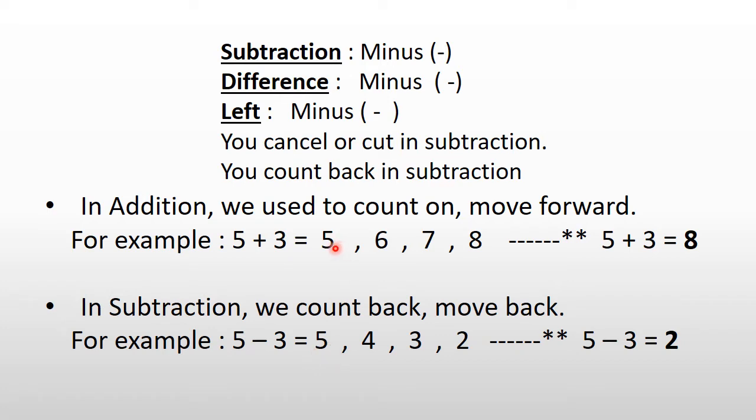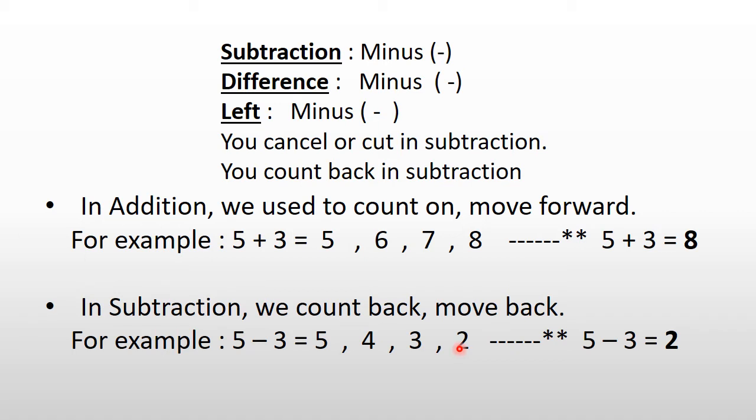So in addition, I was doing it like this: 5, 6, 7 and 8. I was counting on in steps of 3, moving forward in steps of 3. But in subtraction, I would count back, I would move back in steps of 3. So let's move back. If you move back from 5, you will get 4, 3 and 2.